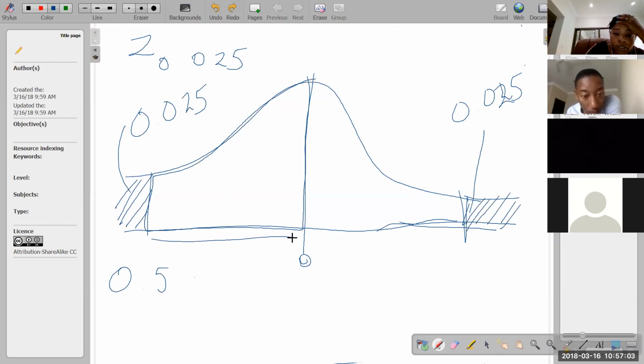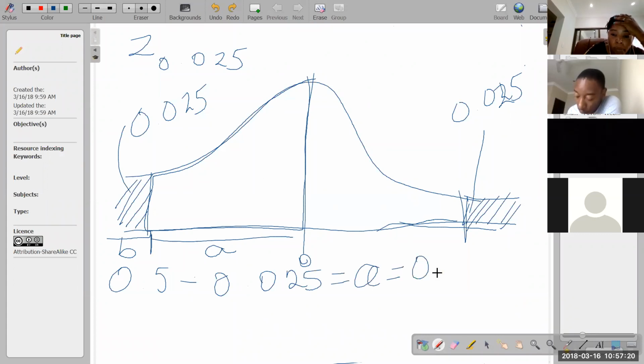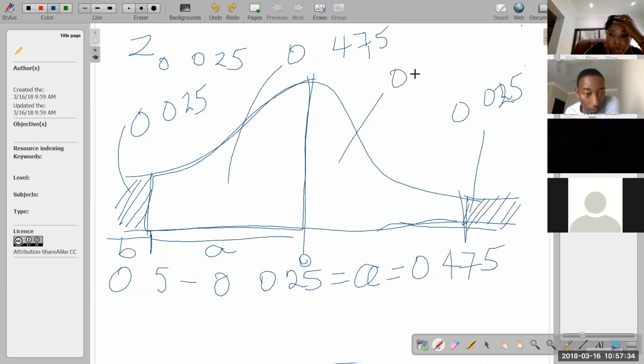Let's call this A. Let's call this B. So 0.5 minus 0.025 equals A. And in this case, we get 0.475. So this is 0.475.